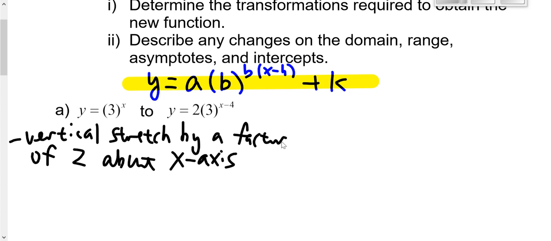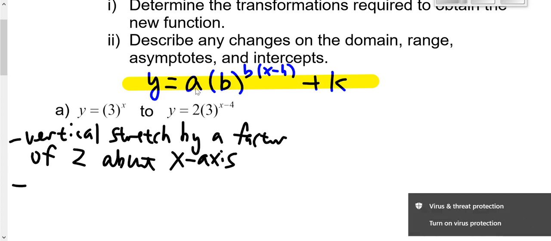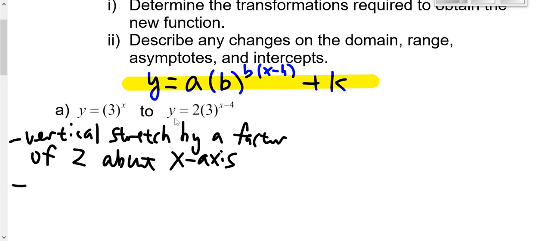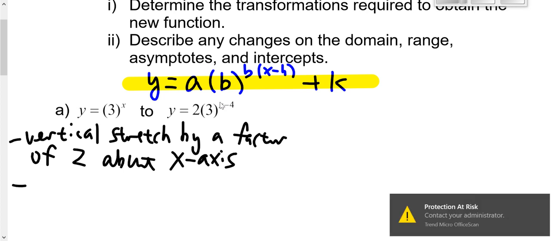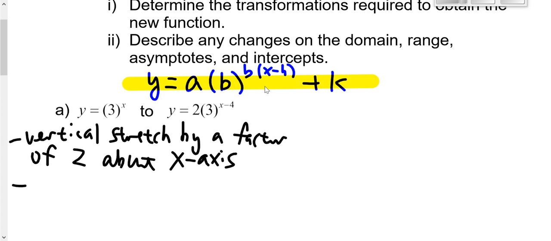And next, so if you compare the general form of the transformation of an exponential function to this, you see that there is a horizontal translation of 4 units to the right. Remember, we flip the sign.